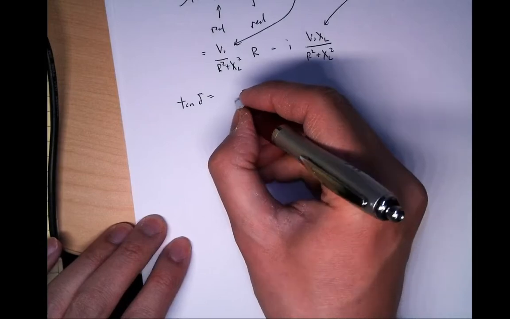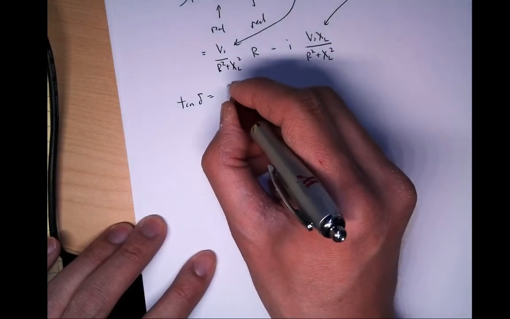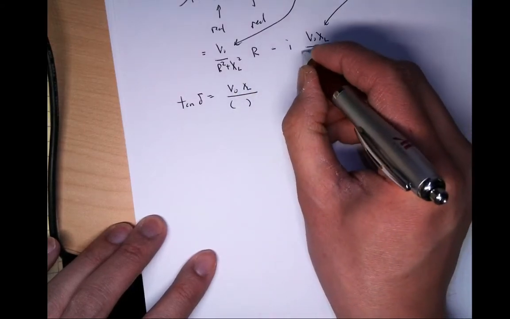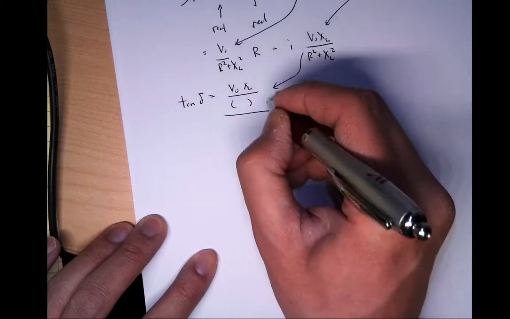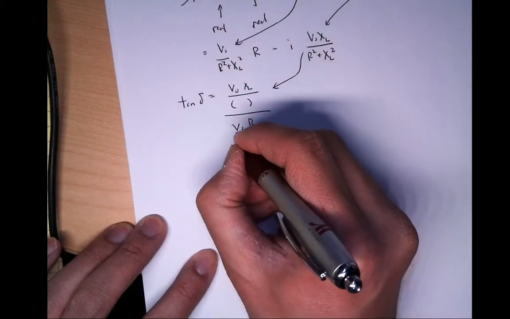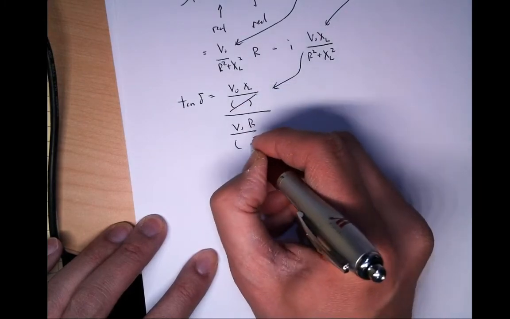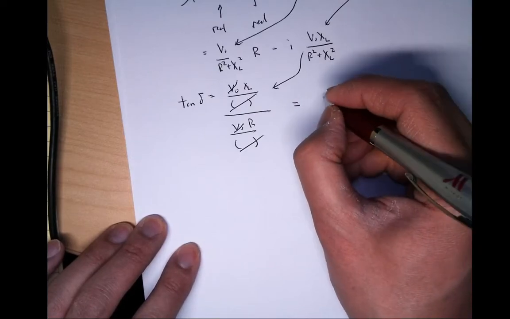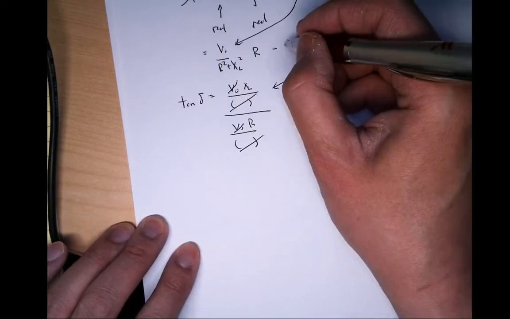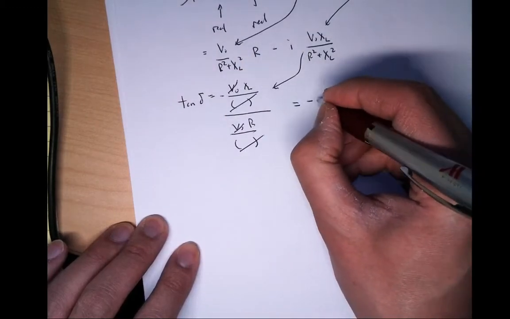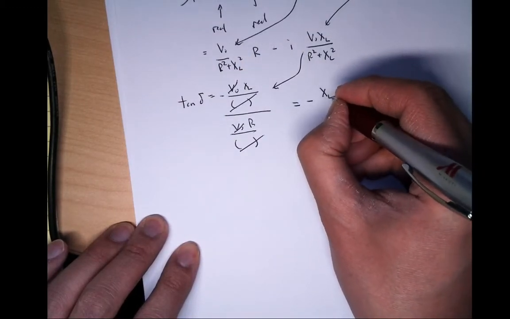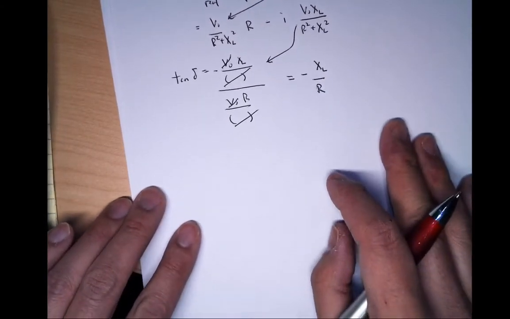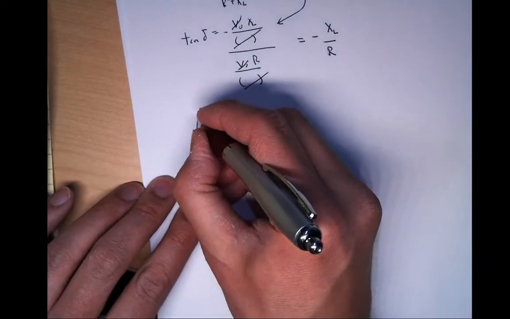That's just going to be V0 X_L over that thing right here, divided by the cosine part, which is V0 R over that thing there. So that's something very, very simple now. This is just going to be minus X_L over R. That's the first part.